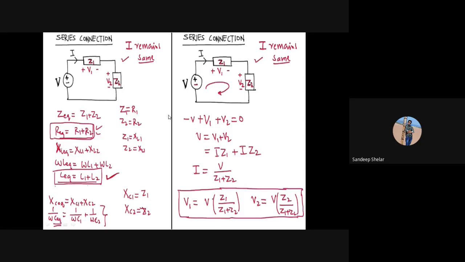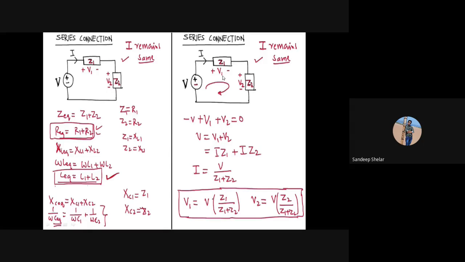Now the same circuit diagram is taken, and we apply KVL. The current direction is anti-clockwise, flowing from this path to this path. Then minus V plus V1 plus V2 is equal to 0.